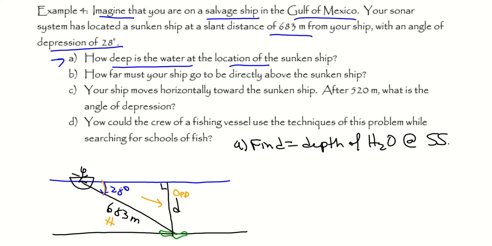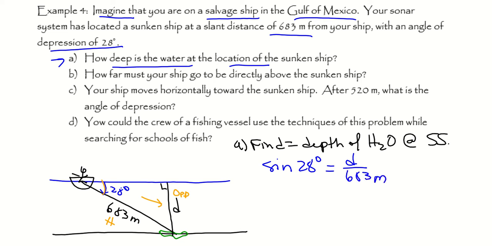So opposite over hypotenuse, that would be sine. If we set up the equation that the sine of our angle, 28 degrees, will equal the opposite side, which is our unknown D, divided by the hypotenuse, which is 683 meters.